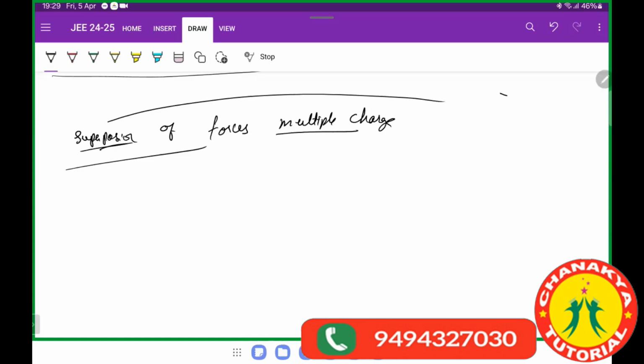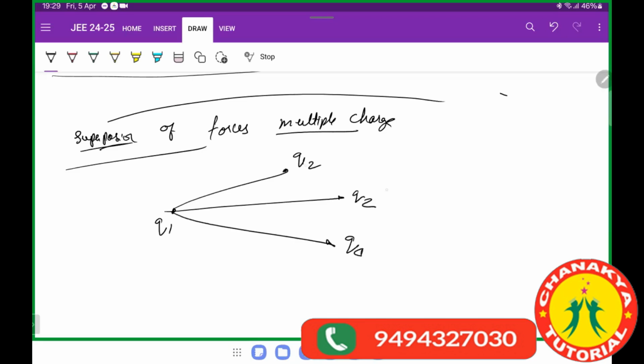If there is a point charge here, Q1, and there is one charge kept here, Q2, somewhere here, Q3, and so on. The distance between 1 and 2 is R12, between 1 and 3 is R13, between 1 and 4 is R14. These are all position vectors.